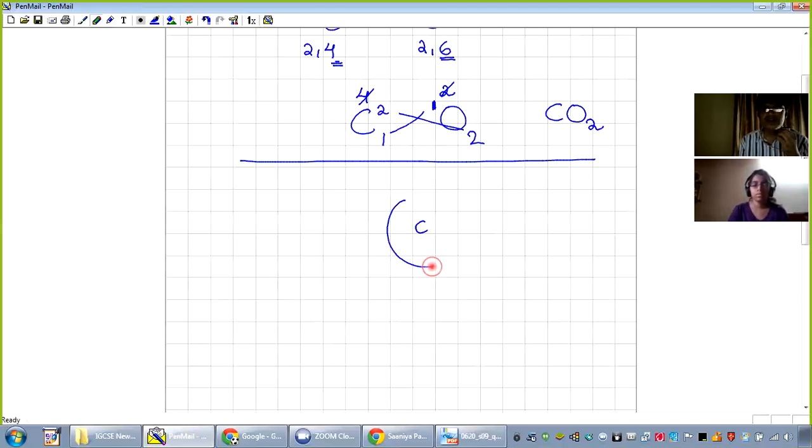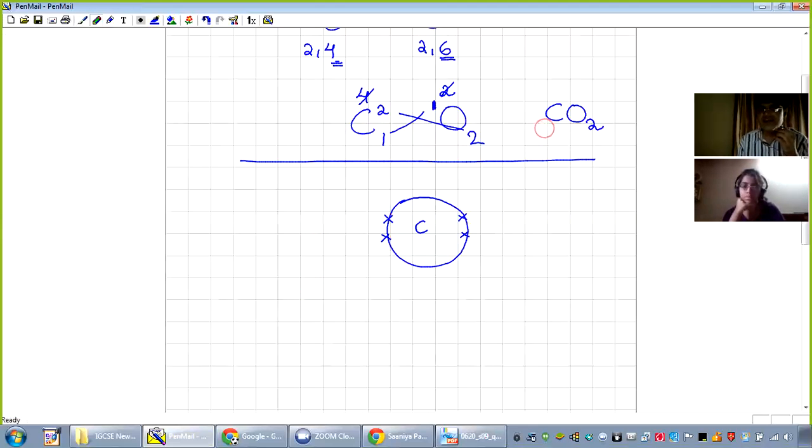The number of electrons present over here will be 4. I'm just going to represent this with the help of a cross. This is known as dot cross or cross dot structures, so that we realize that these are electrons of carbon, and the dots or circles are electrons of oxygen.